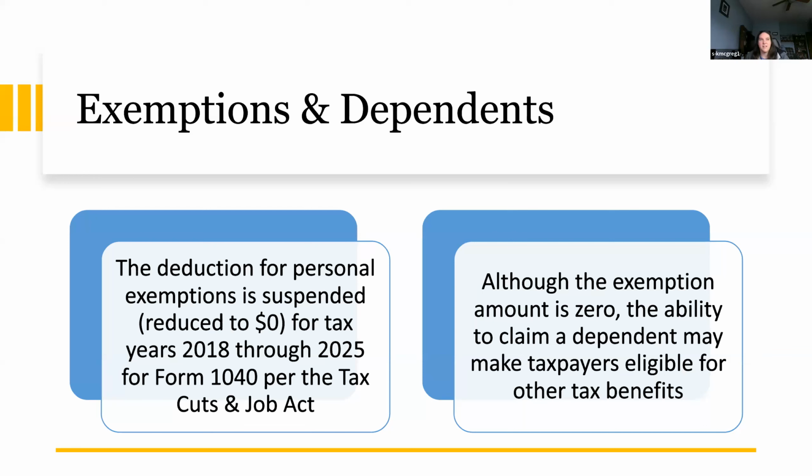So having dependents on the return is a little bit different right now. They don't necessarily count for as much at the moment, so you don't get an exemption for each dependent anymore, but there are other credits that you might be able to get if you have the dependents on there.